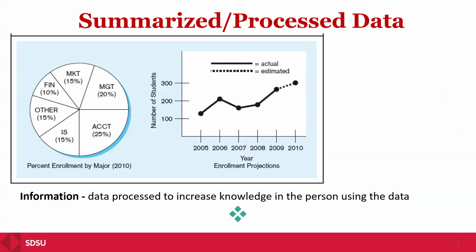Now, let's look at summarized data. Summarized data increases data meaning, so it helps us make better informed decisions. In this case, if we look at the same data, we know, for example, this is data for the entire major, percent enrollment by major in 2010.